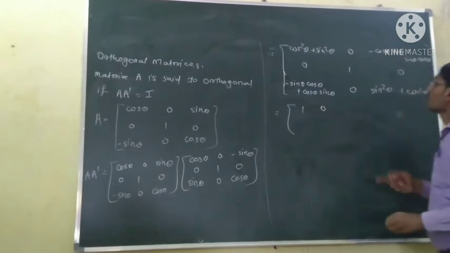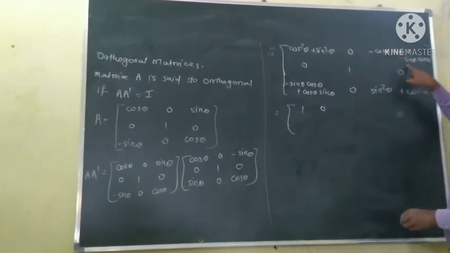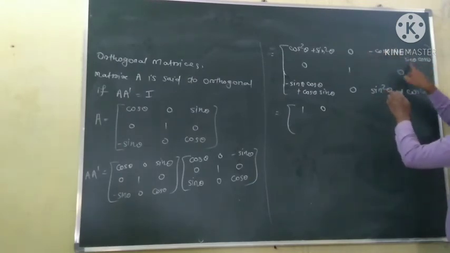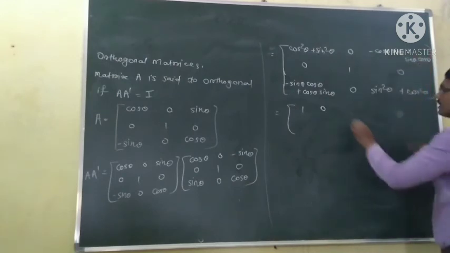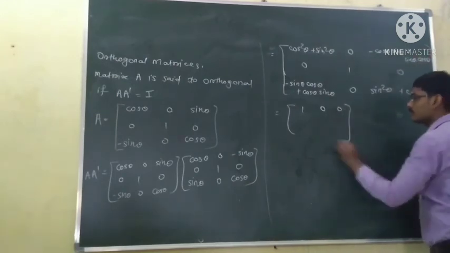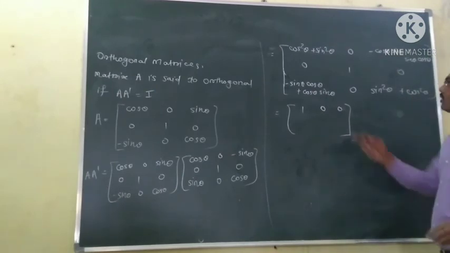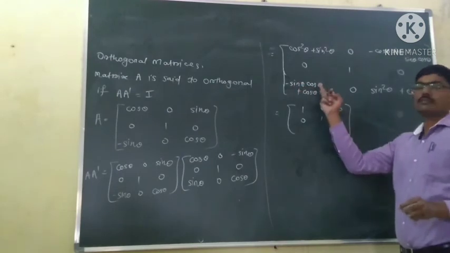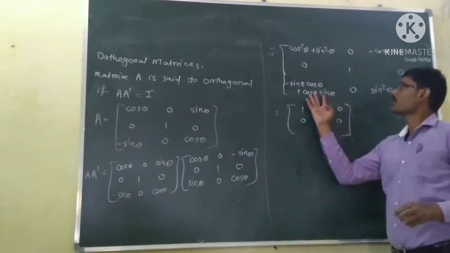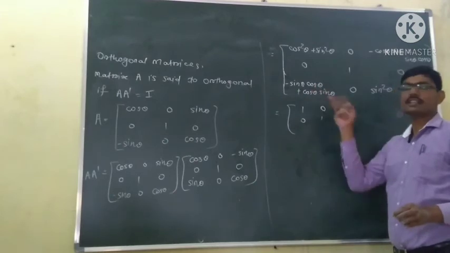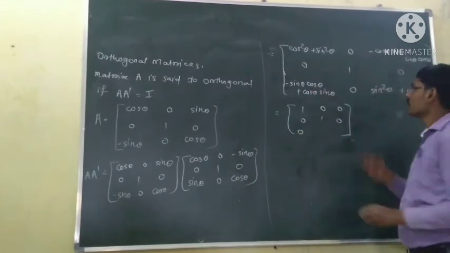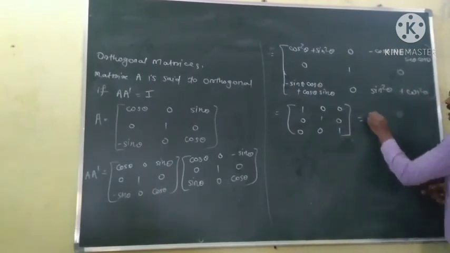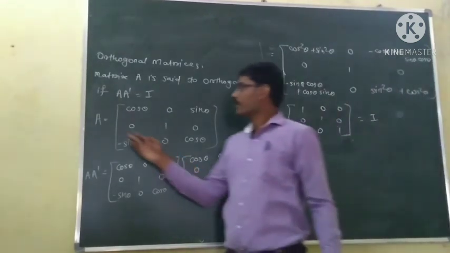The first row is 1, 0, then minus cos into sin plus sin into cos, which get cancelled, so we remain with 0. The second row is 0, 1, 0. The third row: minus sin into cos and plus cos into sin get cancelled, so it is 0, 0, and sin square plus cos square is equal to 1. This is the identity matrix.